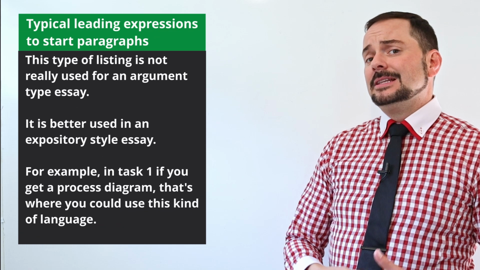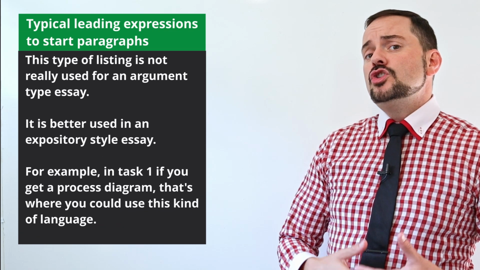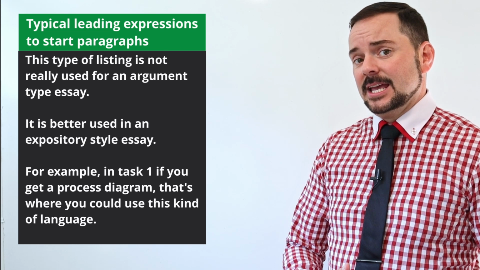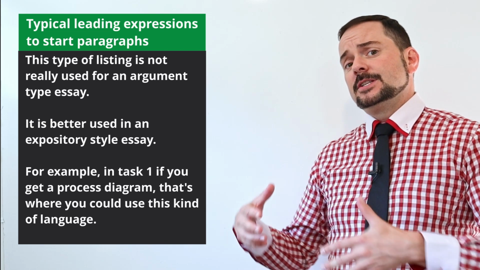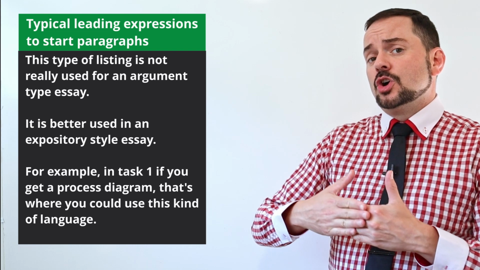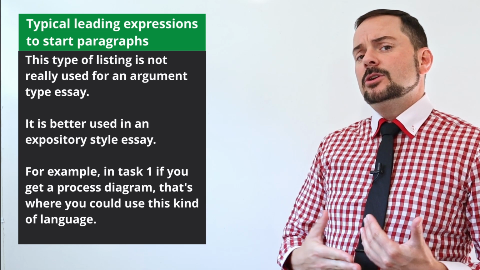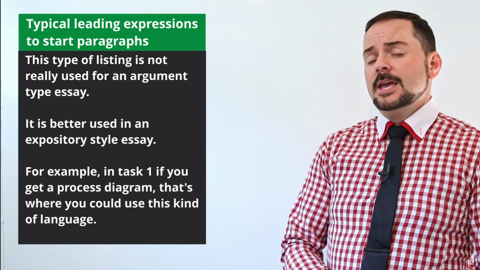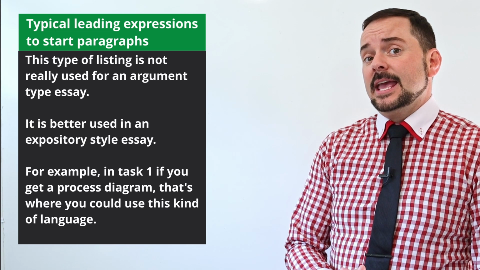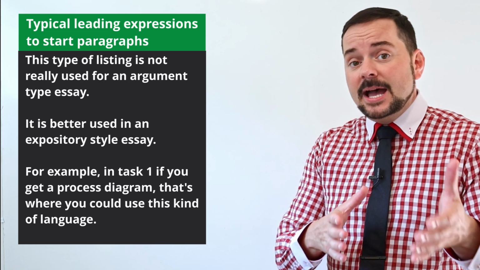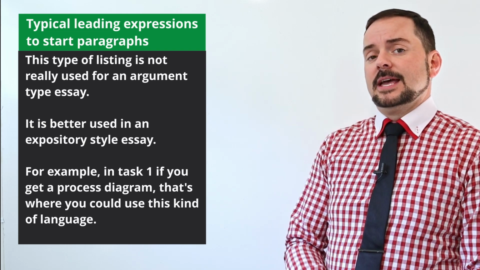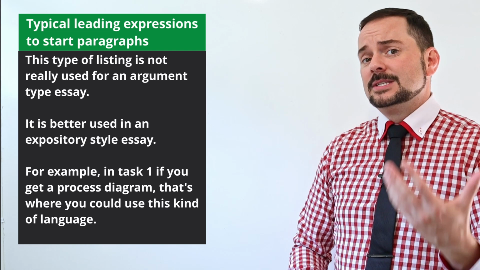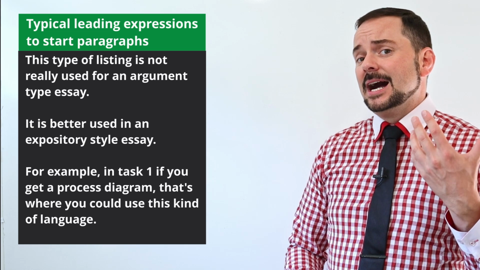This type of listing is not really used for an argument type essay. This kind of first, second, third, fourth, which is showing a sequence, is better used for an expository style essay. In Task 1, if you get a process diagram, that's where you could use this kind of language, but not in Task 2, where you're presenting arguments with ideas.